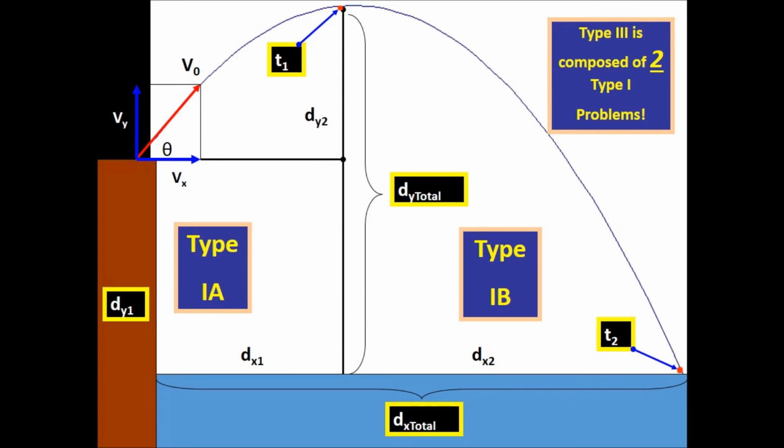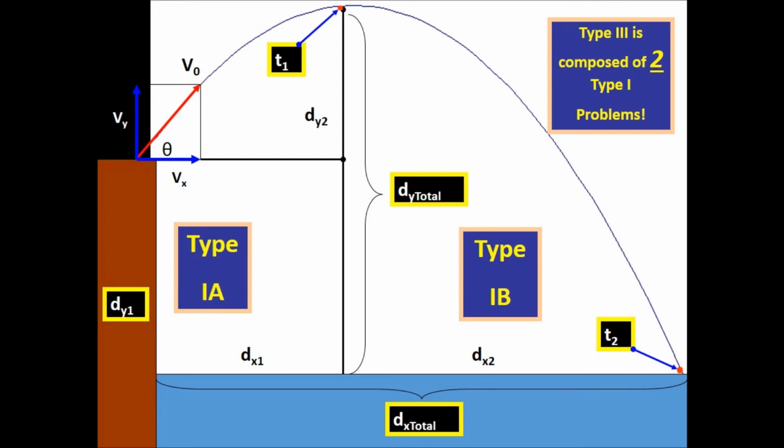Now, you're given V naught, you calculate Vy, Vx, you calculate T1, then you can calculate dy2. You're given dy1, now you have dy total, and you can calculate T2.